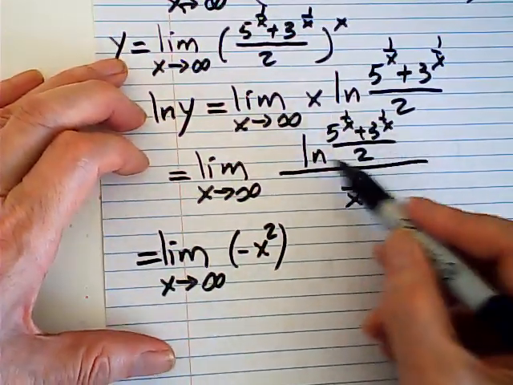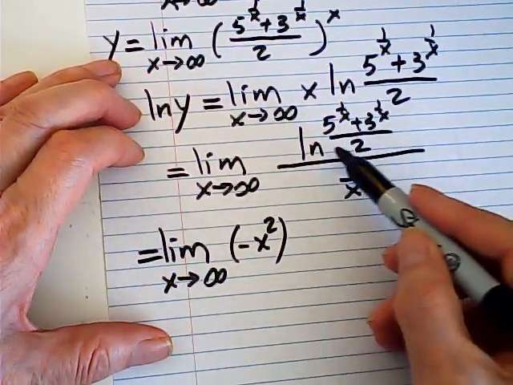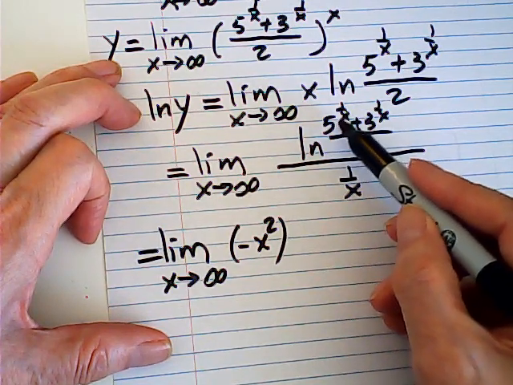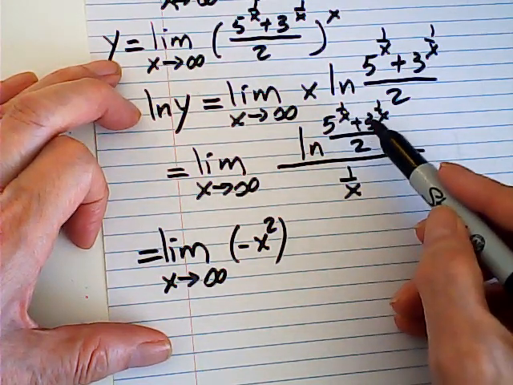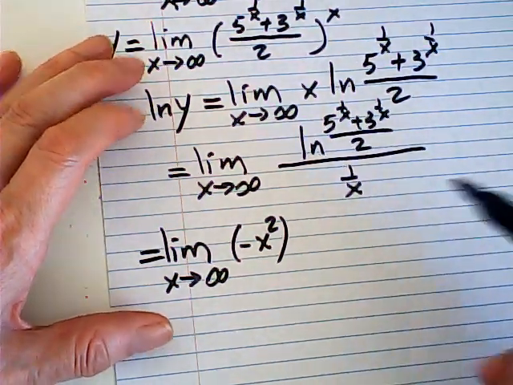Now this derivative is the same as the derivative of the log of (5 to the 1 over x plus 3 to the 1 over x), because the 2 is constant and its derivative is 0.